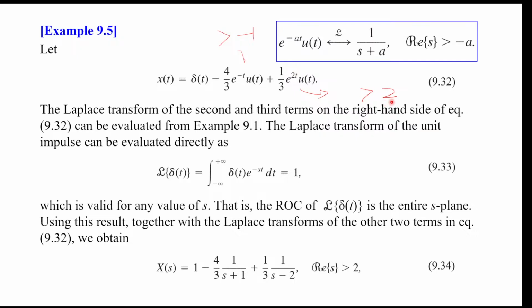Now we compare those 2 ROCs, and we see the real part of s greater than or equal to 2 is the stricter one. So the total ROC for this big X of s is dominated by this term: real part of s greater than or equal to 2.